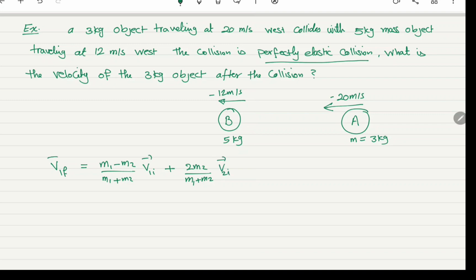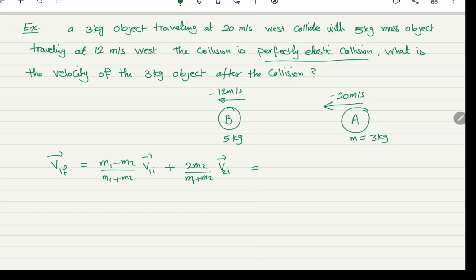So you do the math, and you will find v1 final, the final velocity for the object with mass 3 kilograms, equals minus 10 meters per second.